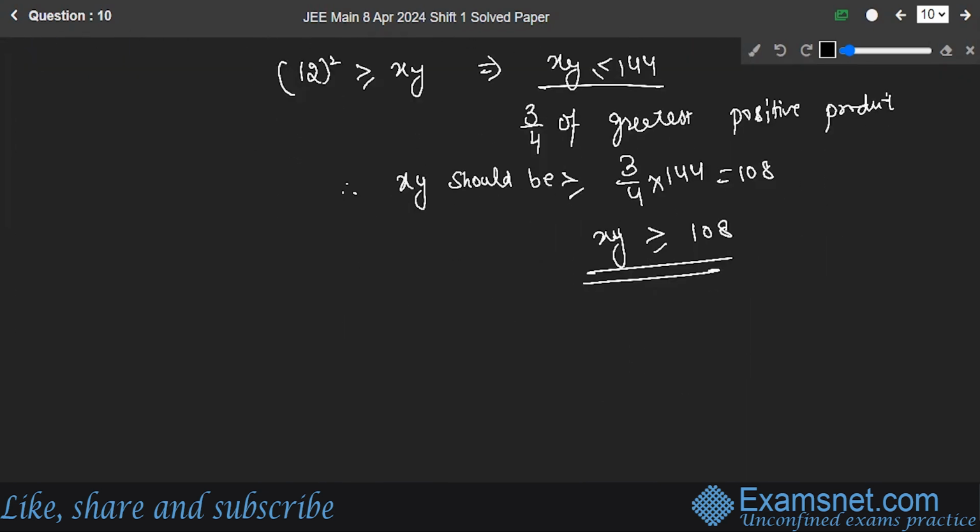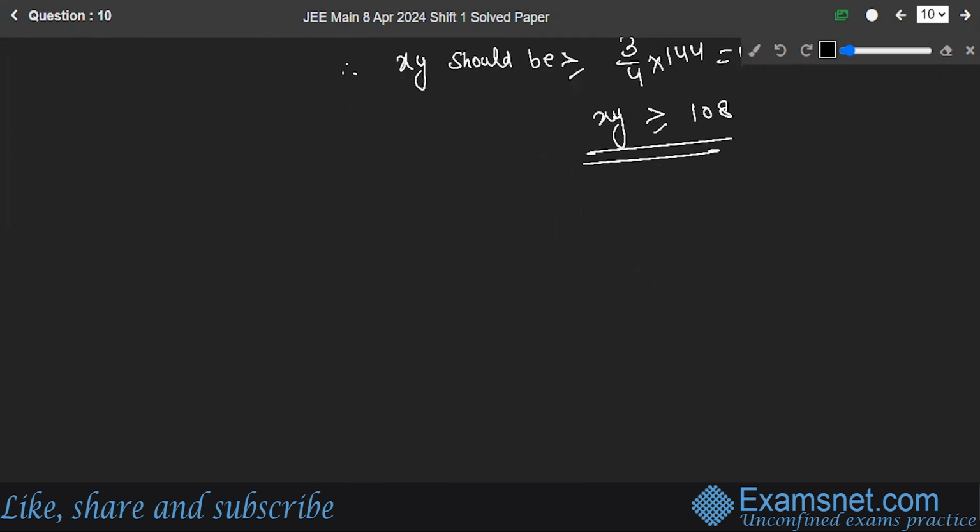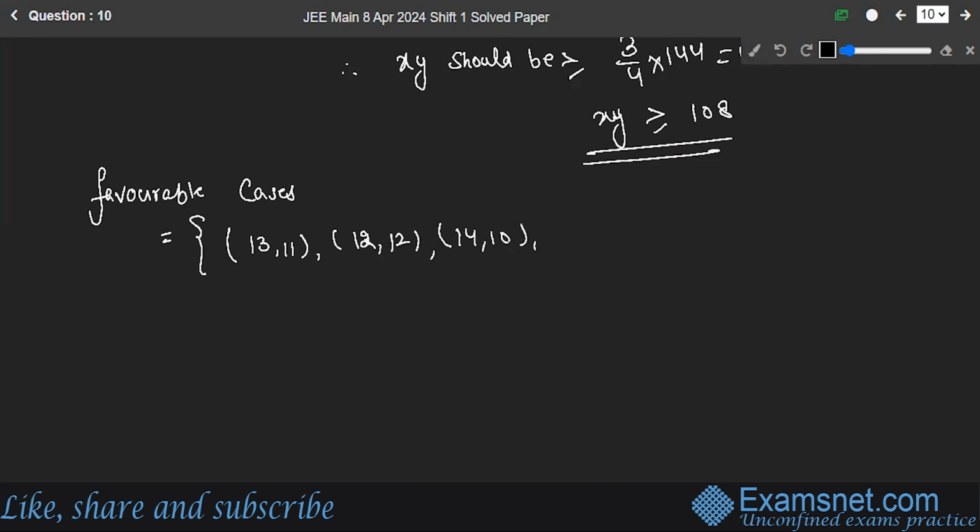So this was your sample space, the above one. Now your favorable cases. How many will these be? You are going to have 13, 11, 12, 12, then 15, and 11, 13 also. Okay, I'll write down later.